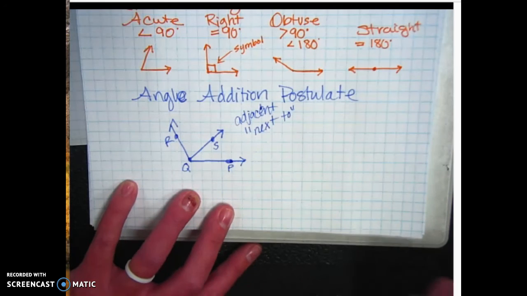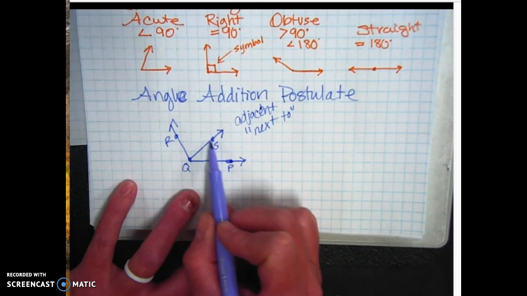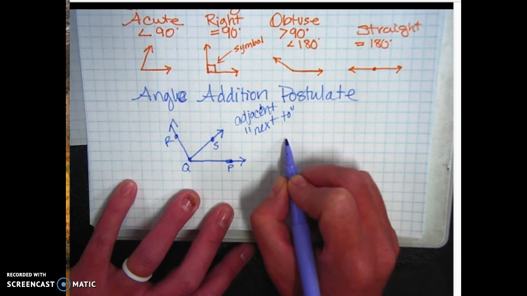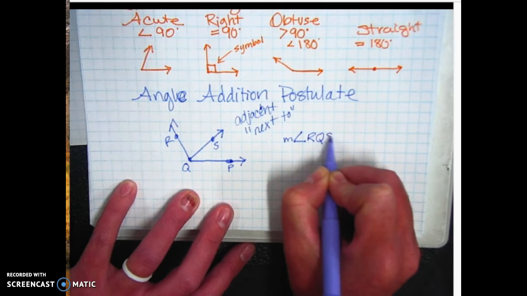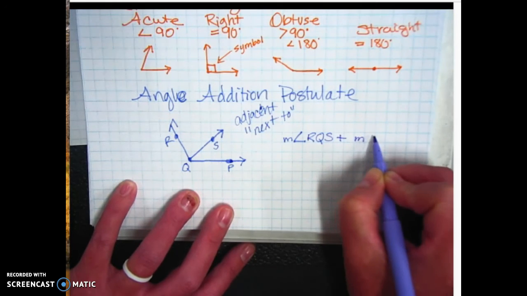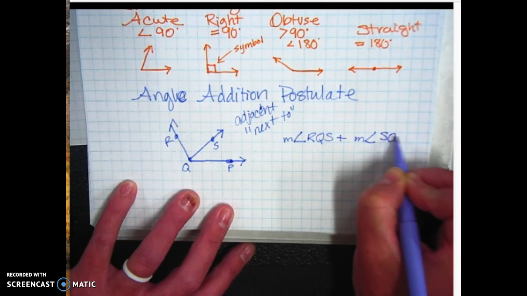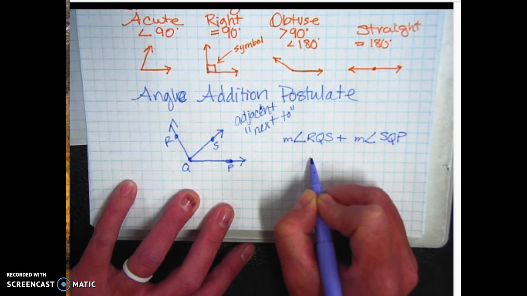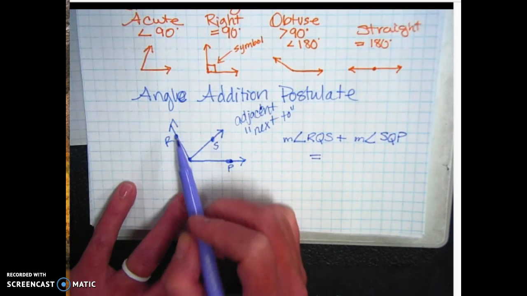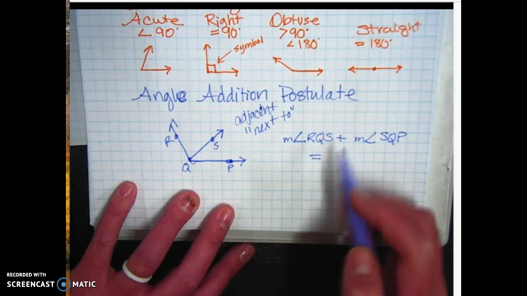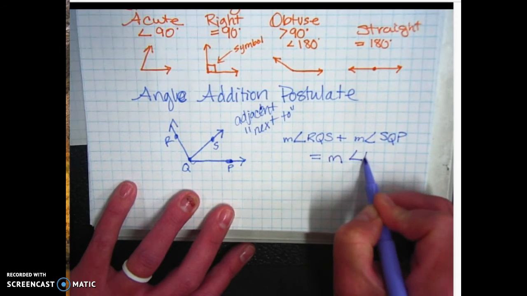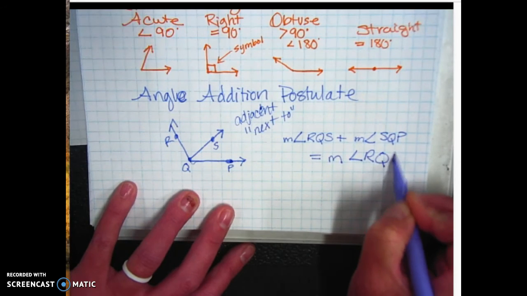This postulate says that if we take this first angle that we drew, so the measure of angle RQS plus the measure of angle SQP is going to be equal to the whole thing. So this little angle plus this little angle equals the whole angle, RQP.